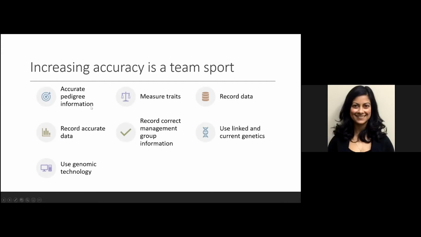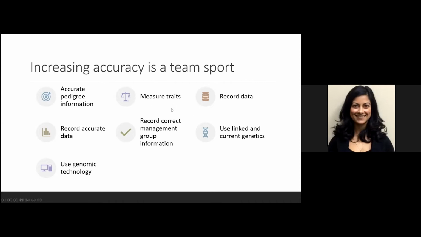That already takes away 8% of your accuracy, right? If there's a probability that the dam that you've recorded as the dam isn't right, you've already changed that accuracy. So recording accurate pedigree information is the foundation.